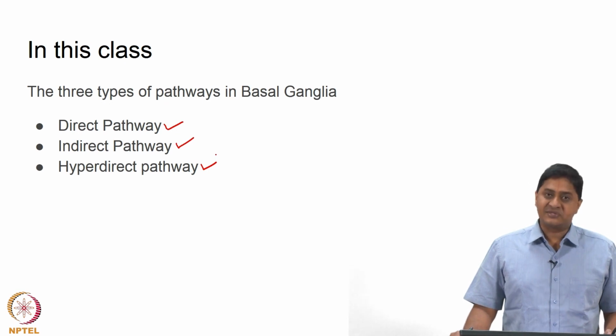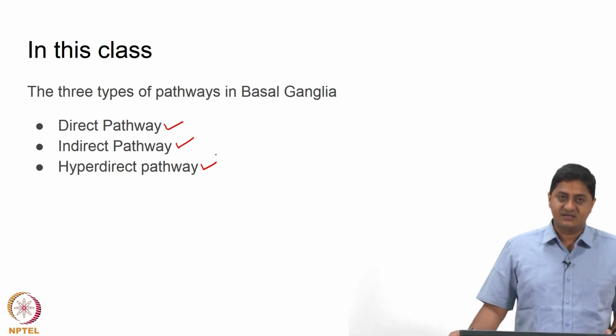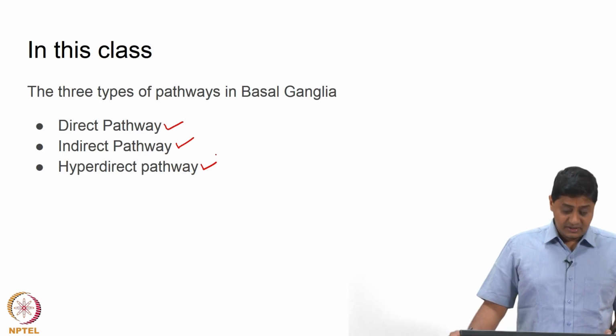However, there are exceptions to this rule. So, one has to be careful while discussing or interpreting data from actual experimentation or from actual disease conditions. However, in spite of the limitations, the direct and indirect pathway and the models associated with this continue to be relatively dominant.